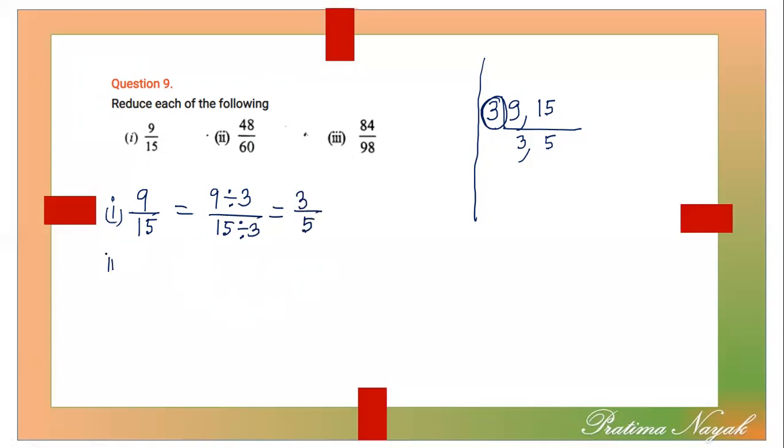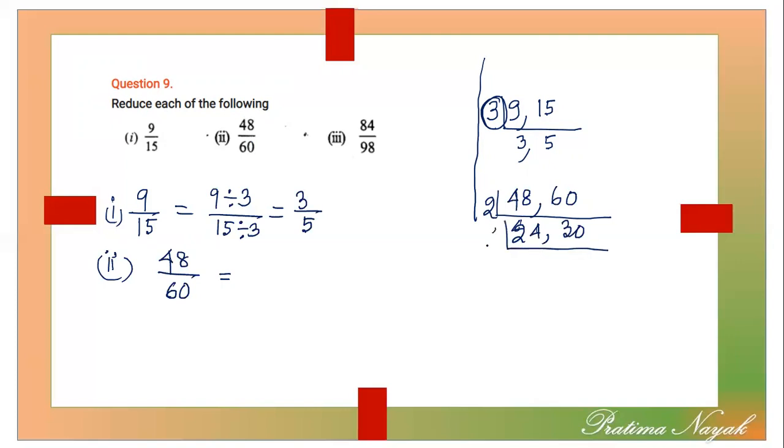Second part. 48 by 60. So 48 and 60. What is the common divisor? Let us find 2, 24, 30. Again, I'll take another common divisor, 2, both are even numbers. 12 and 15. Now both don't have a common divisor.